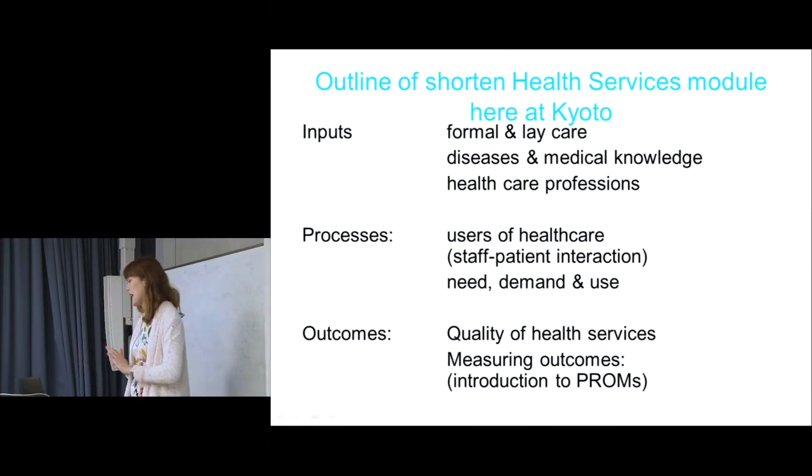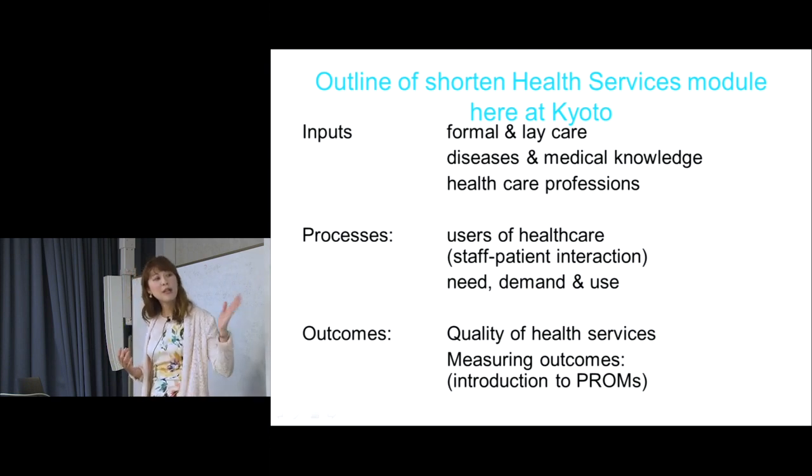On Friday, we'll look at need, demand, and use through a talk, looking at the activities of healthcare and how those relationships work, a bit more of a microscope dive into these direct activities of healthcare.